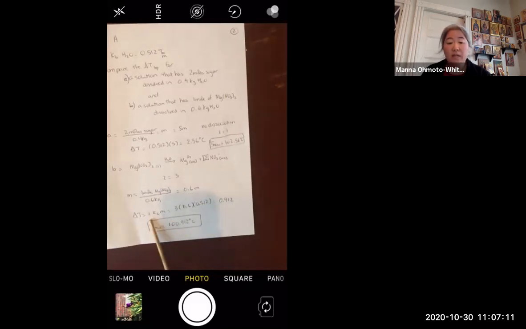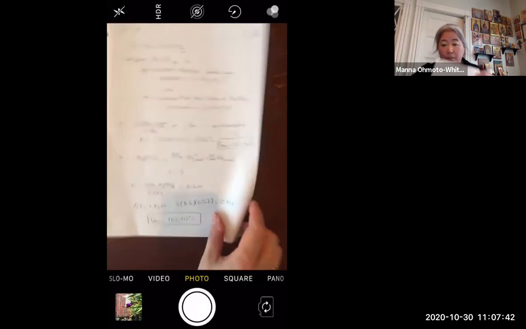But because I have the Van't Hoff factor in my equation, it will have 3 times the effect of just 1 mole of a regular non-dissociating compound. So in this case, my boiling point will increase by 0.912, and my new temperature will be 100.912. So even though I'm dissolving half the amount in more water, it will still have an appreciable effect on the boiling point of the water because of the dissociation that occurs.